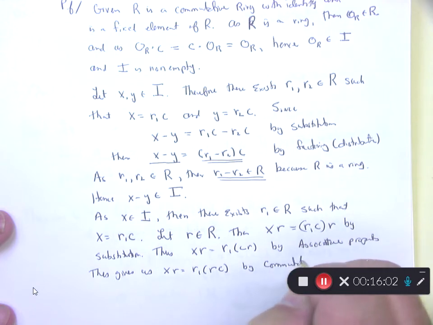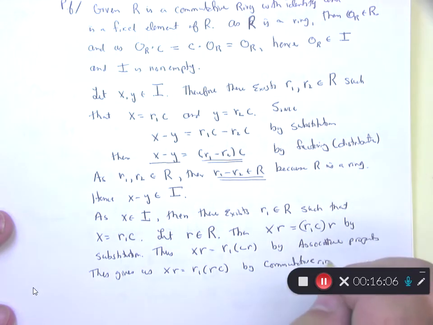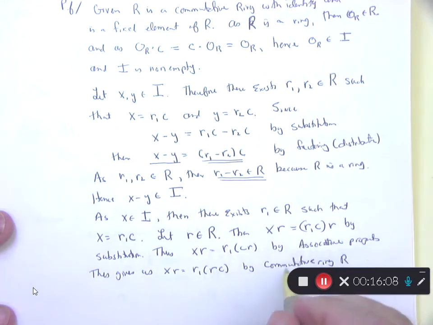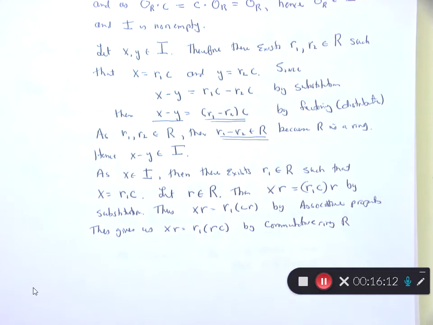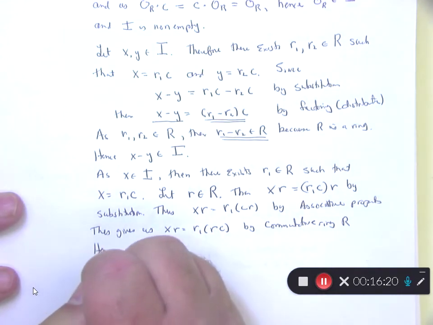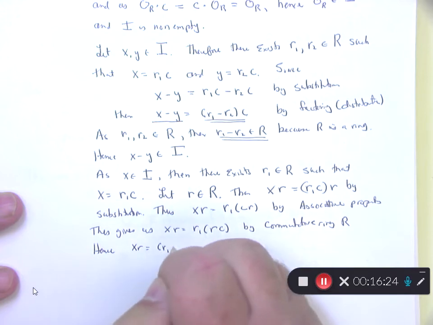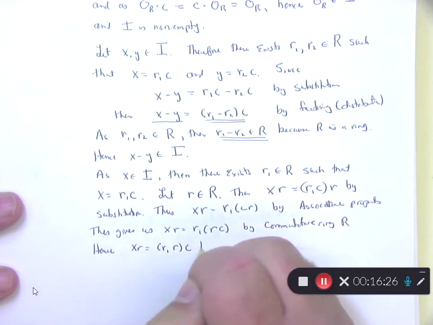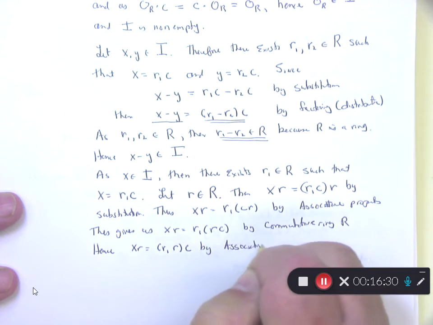And typically I don't have a commutative ring R, but in this one, I was given that R was a commutative ring with identity. So I just needed the commutative ring there, so C times r is equal to r times C. Hence, x times r is equal to r1 times r times C by the associative property.